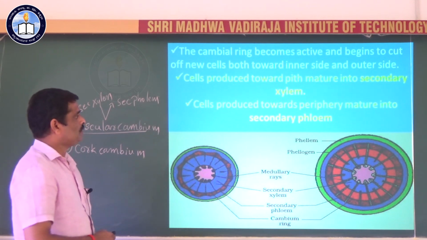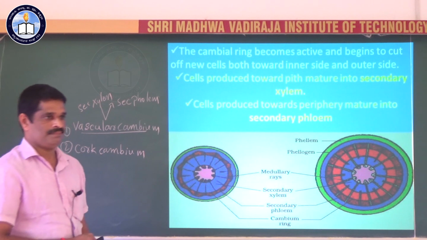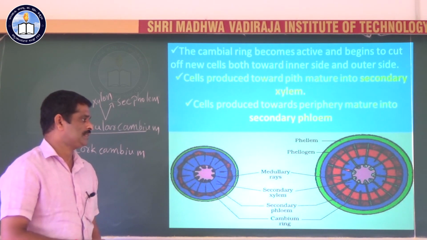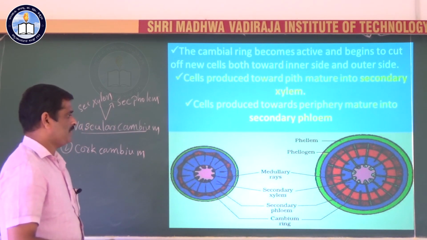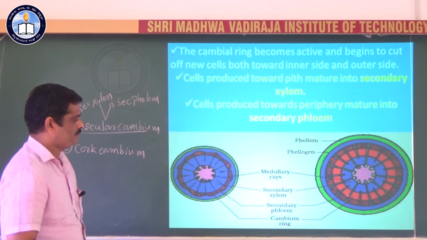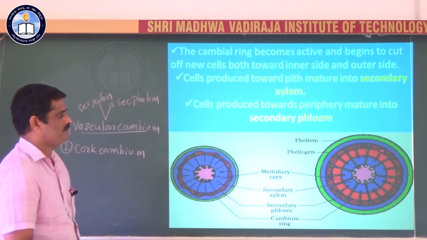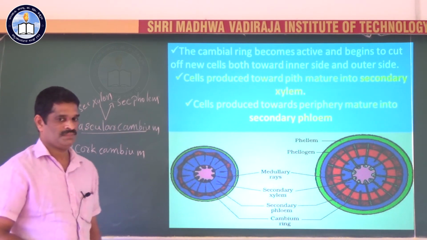The cells produced on the inner side develop into the secondary xylem, and the cells produced on the outer side develop into the secondary phloem.